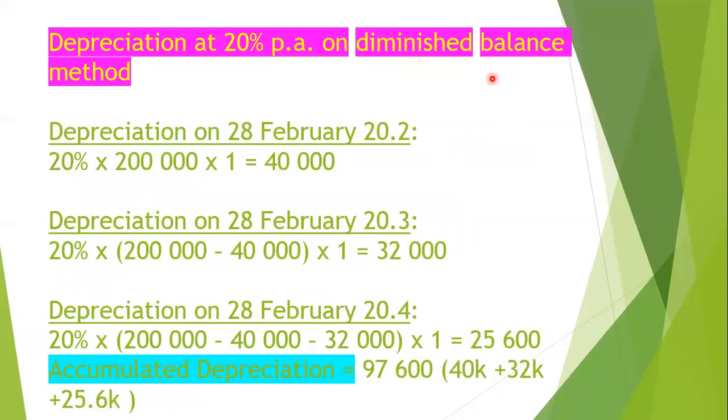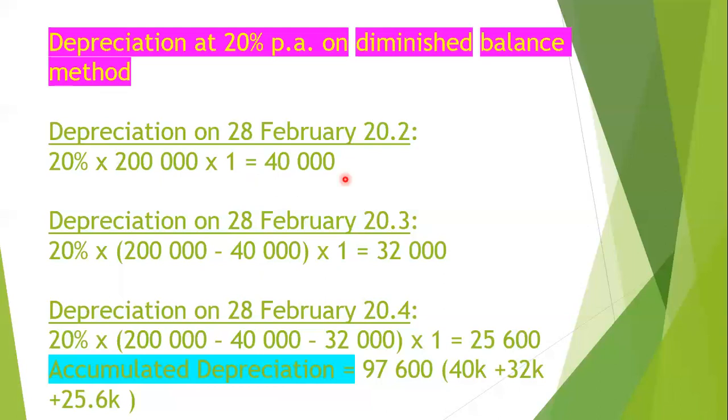Okay, so in the first year the depreciation is 20% times 200,000 times 1 over 1 of 1 year, which gives you the 40,000. If you'll notice something with the diminishing balance method and the straight line method, in the first year, the depreciation amounts are always the same.